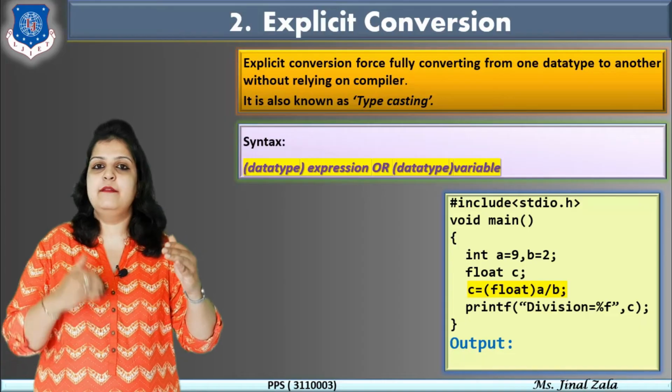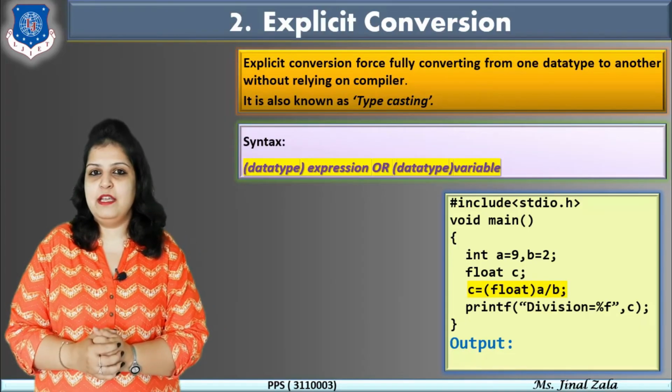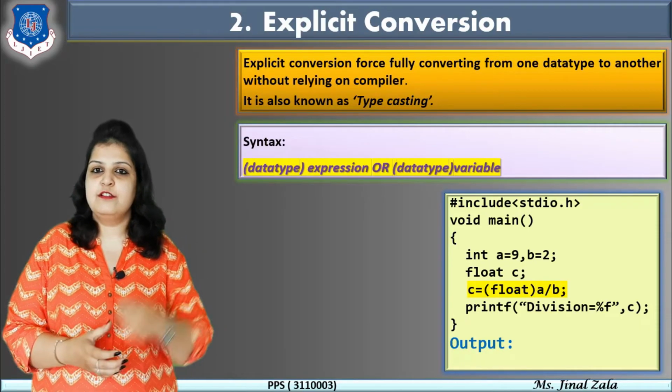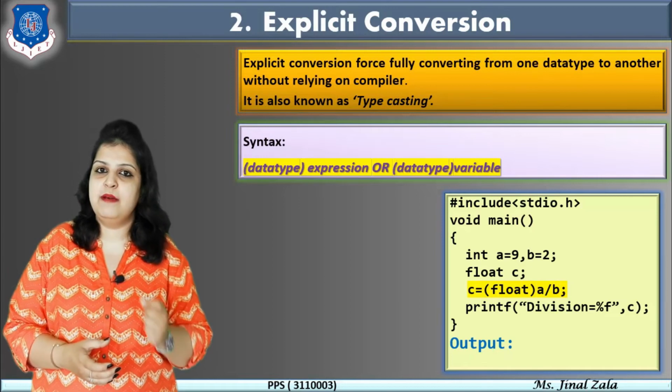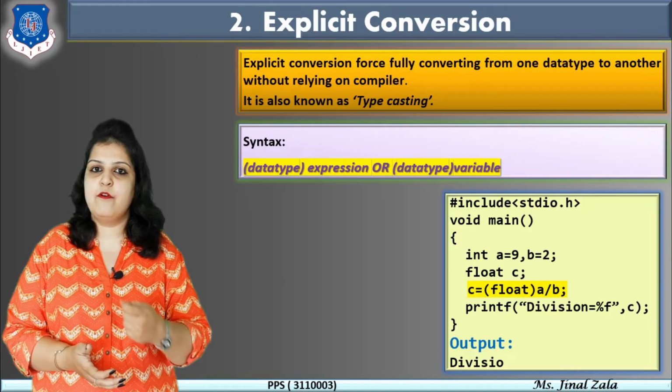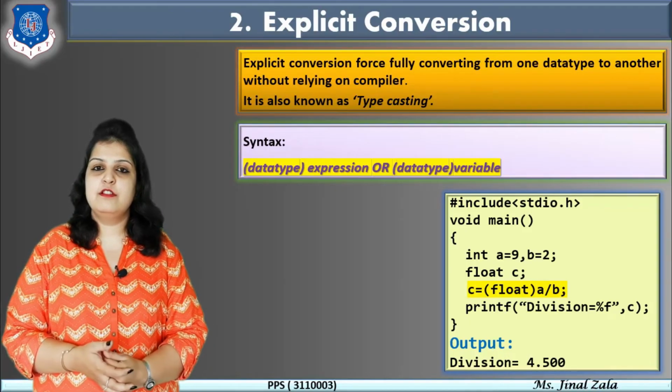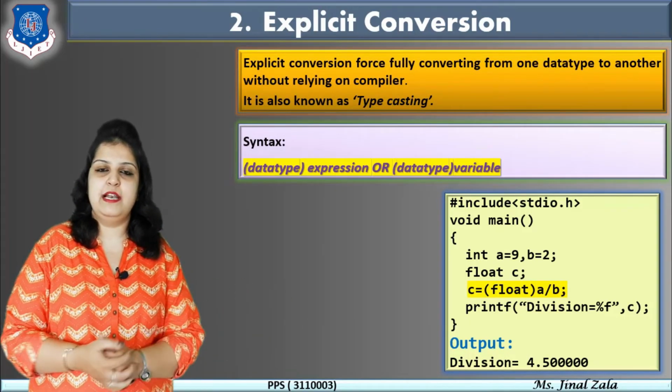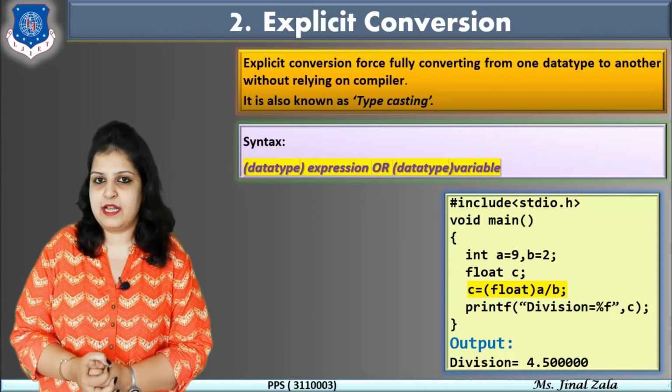Now float divided by float, our answer will be in float obviously. So 9.000 divided by 2.000, our answer will be 4.5. So the value is assigned in the C variable, and finally we get the correct answer.